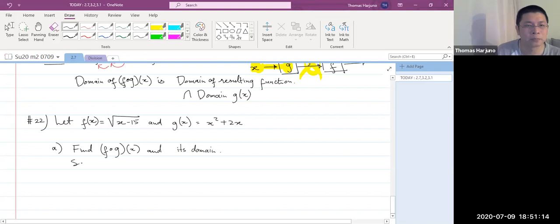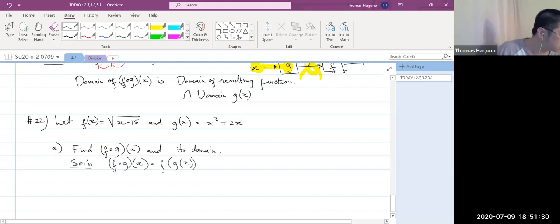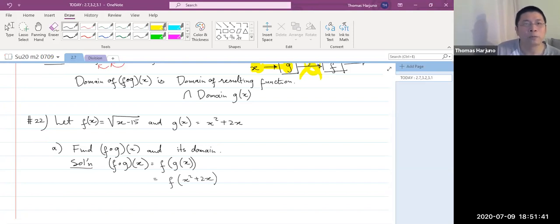Solution. F compose g of x is equal to f of g of x, which is f of x squared plus 2x. So the input for my f right now, instead of x, is that.